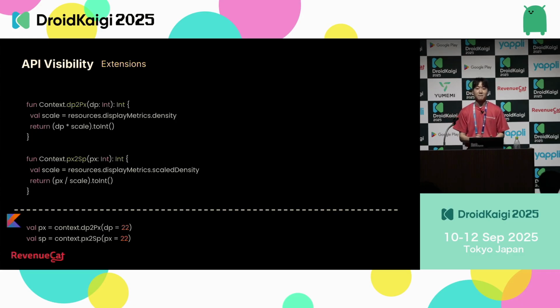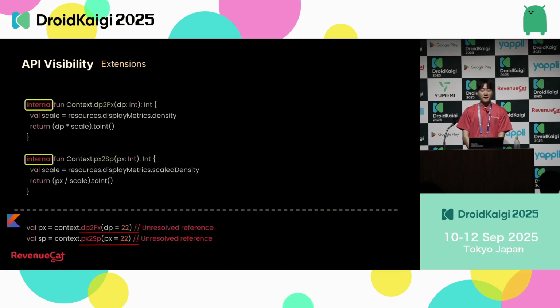But if you leave them public, they will be a part of your module's API and can appear anywhere. And it will end up with bad developer experiences. And likewise, you should add visibility modifiers to extension functions if they aren't designed for consumers.